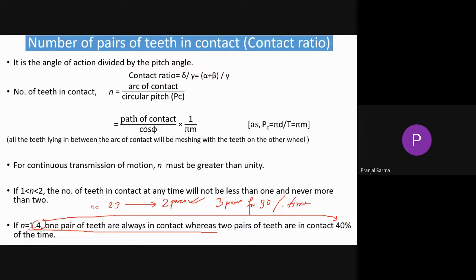Understood? Yes, sir. Now, who can tell me, if n equal to 2.5, what will be the meaning? What is the meaning?